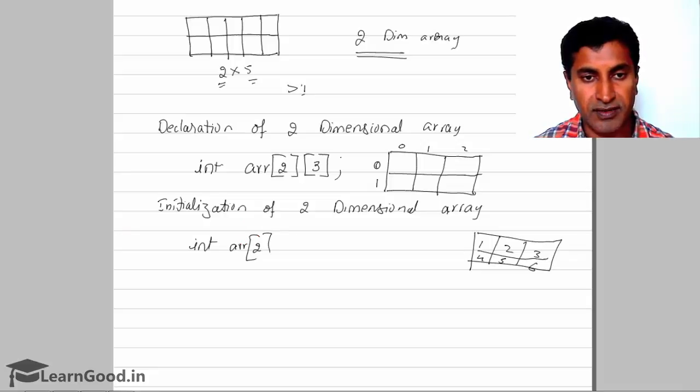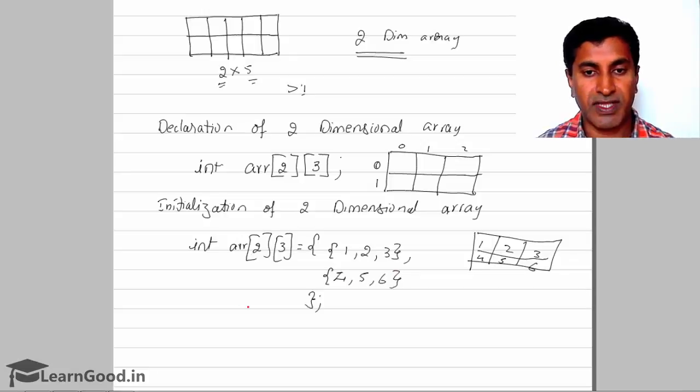A of 2 cross 3 is equal to, open the curly brace for the whole matrix, and within this, for the first row, again one more curly brace, within that you give the values 1, 2, 3, close the curly brace, comma, for the second row data again open the curly brace, 4, 5, 6. For the last row you shouldn't give a comma. So this will create a matrix of order 2 rows and 3 columns.